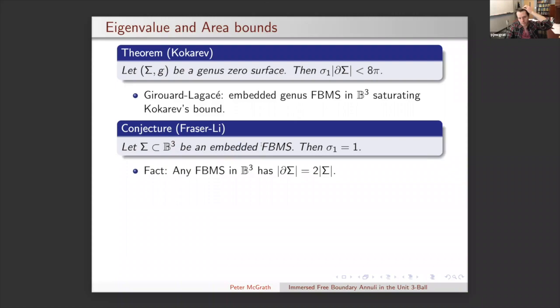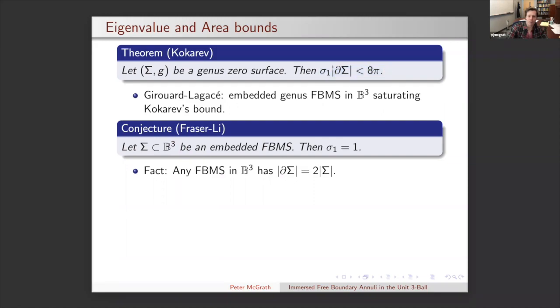So a trivial calculation that has nothing to do in its proof with this conjecture is that for any free boundary minimal surface, whether embedded or not, its boundary length is twice its area. And so you can basically convert statements that have to do with scale invariant eigenvalue bounds.